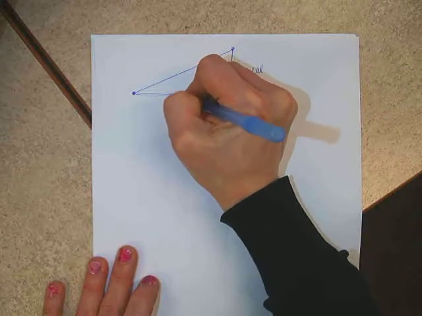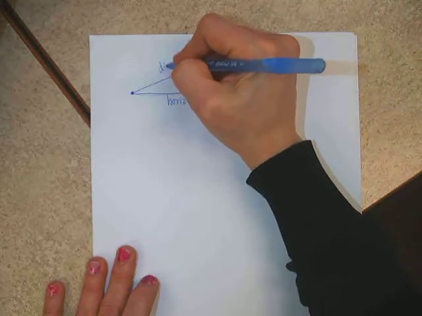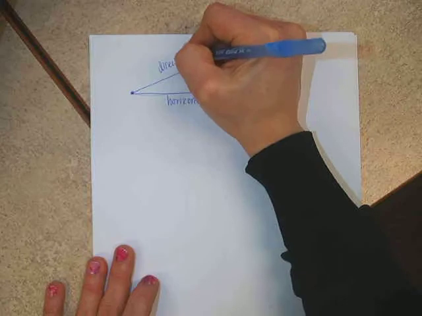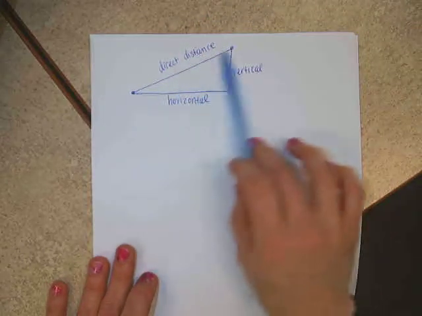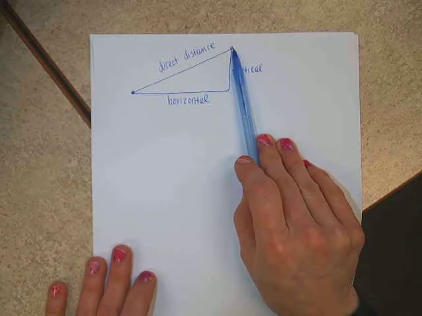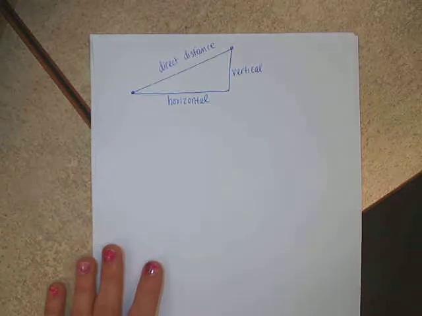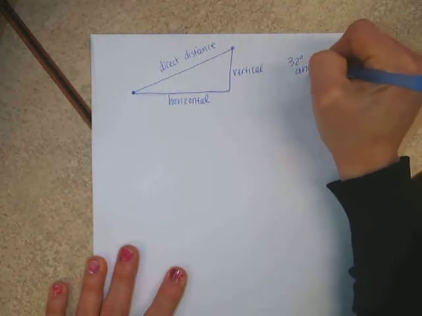We have the vertical, we have the horizontal, and quite often a direct distance. Now in this case, it'd be the direct distance between the person spotting the hiker and the hiker, or rock climber.